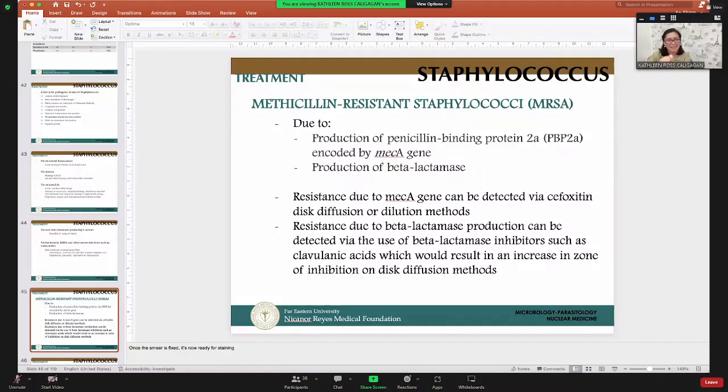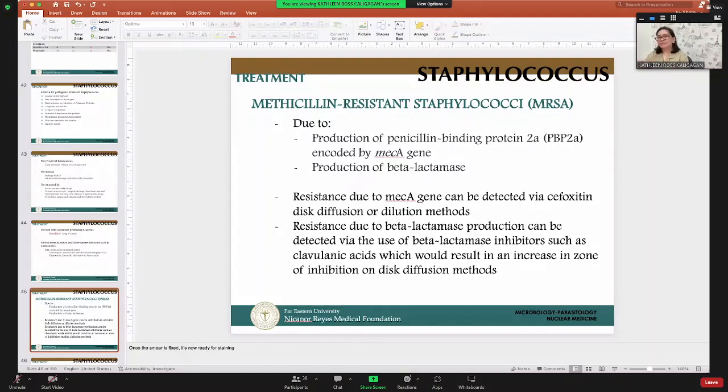The MECA gene can be detected via cefoxitin diffusion or dilution method, while the beta-lactamase enzyme can be detected via use of beta-lactamase inhibitors such as clavulanic acid, also on this diffusion method.